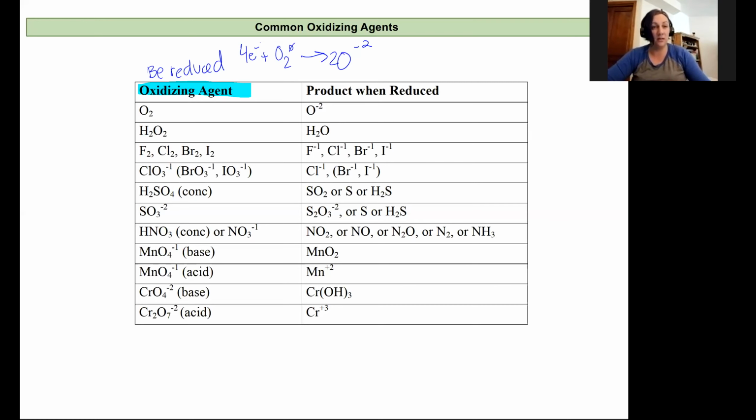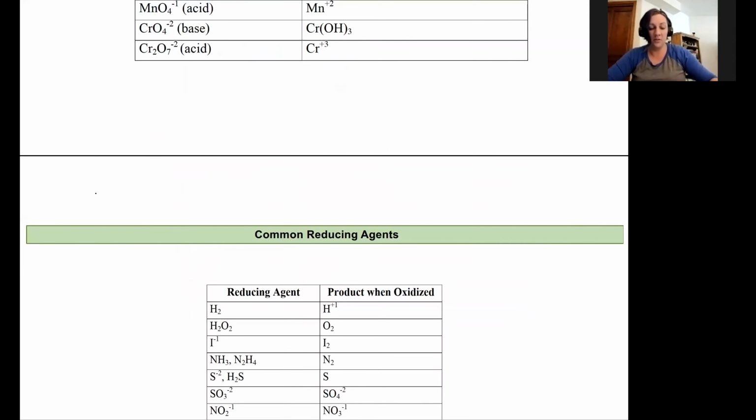Our elemental halogens, halogens combined with oxygen, so chlorates and chlorites, or bromates, iodates. Sulfuric acid, as well as sulfites, nitric acid or nitrite. And then manganese oxides and chromium oxides are ones that we'll see a lot for oxidizing agents, things that are easy to reduce.